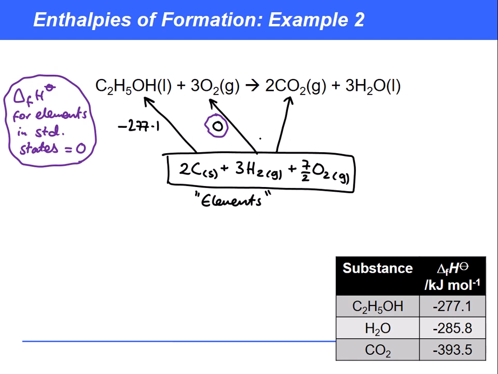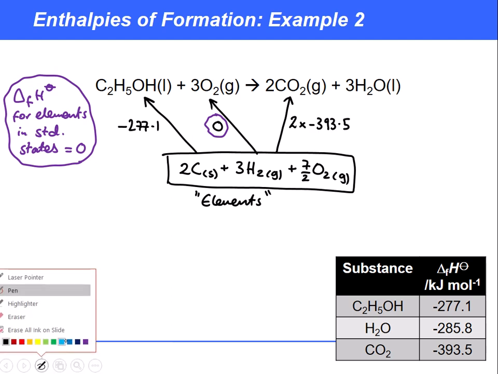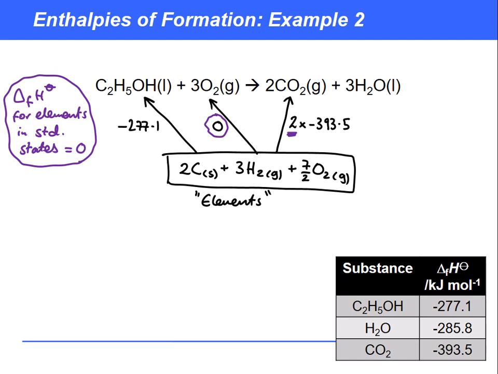So the enthalpy change to go from 2 carbons and 2 O2s to make 2 CO2 is actually 2 times minus 393.5. So we must make sure that we're including these numbers, otherwise our overall enthalpy change will be incorrect.